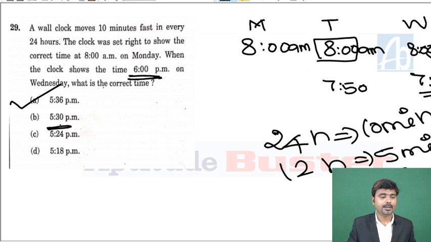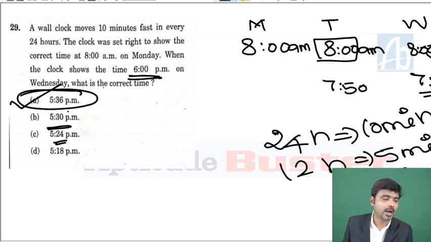See, what's the gap? 10 minutes gap, 6 minutes gap, then 5:40. No, it's not 6 minutes, 16 minutes gap, then it's more than that. Okay, so only 4 minutes gap, so answer should be 5:36 approximately. It's not given in seconds, only minutes, so it's very easy to answer.